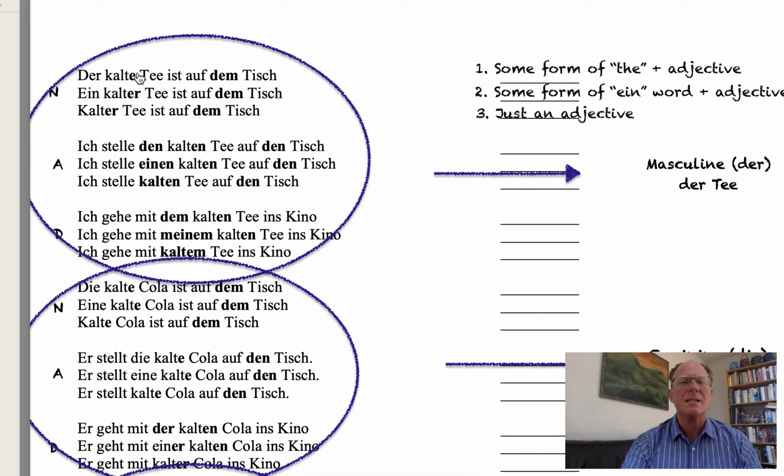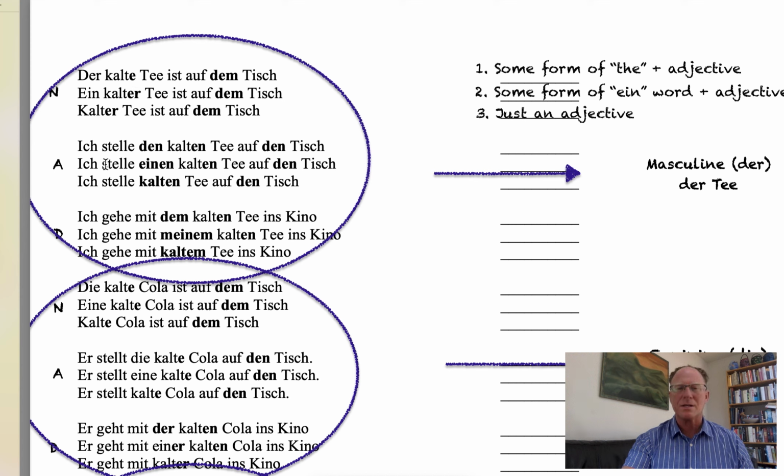And then you can see the ending of the adjective is e. So for example, der kalte Tee ist auf dem Tisch. The adjective ending is e. That's if it's a subject or in the nominative case.